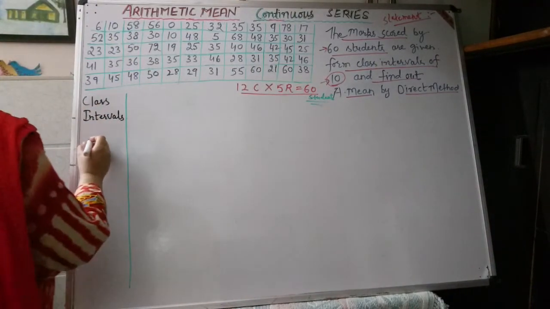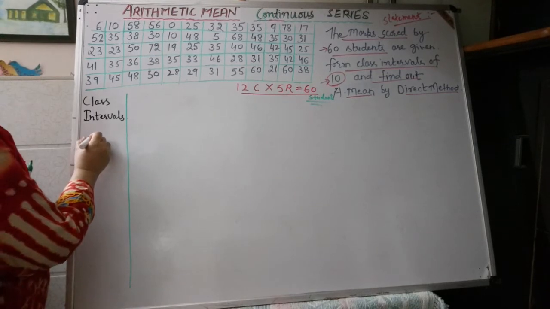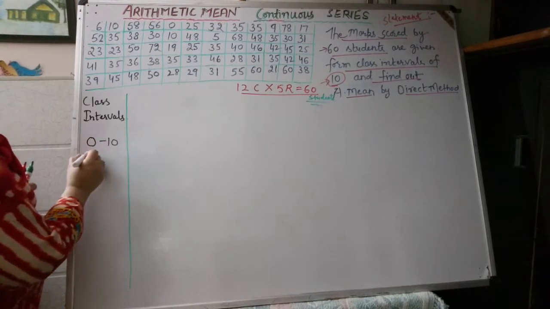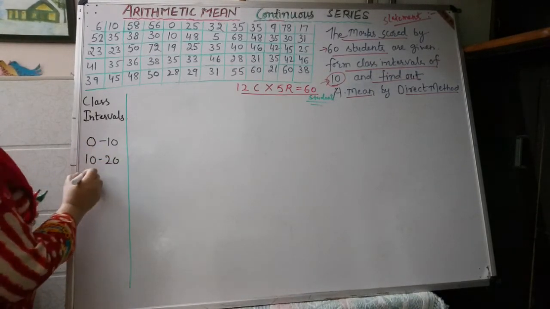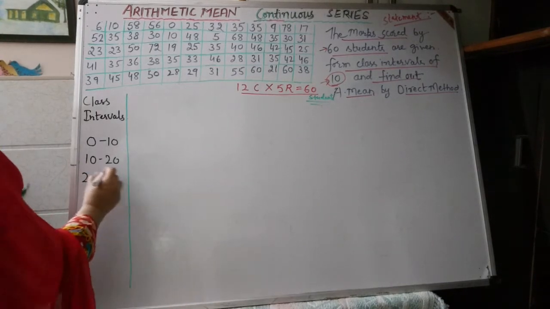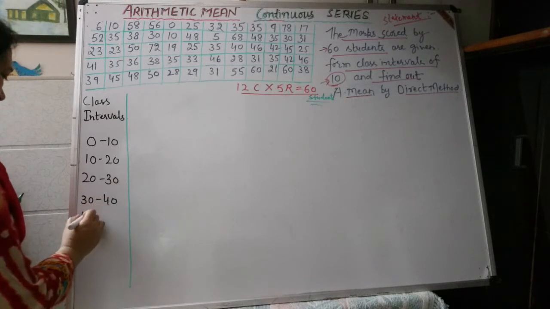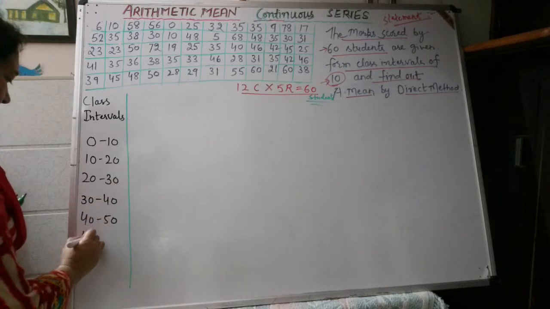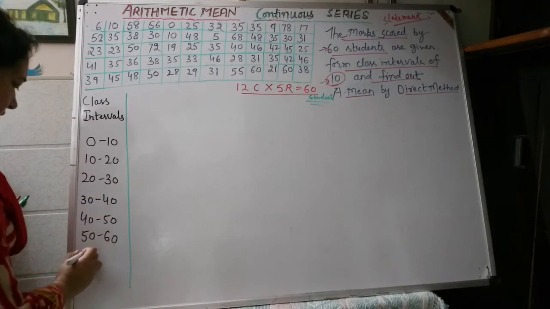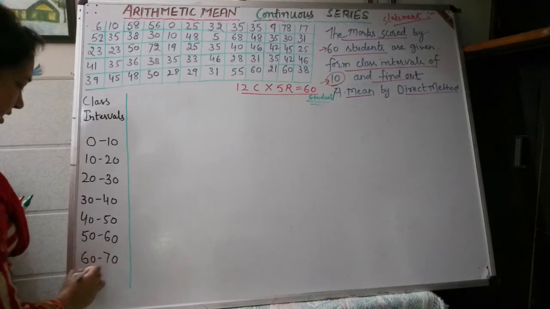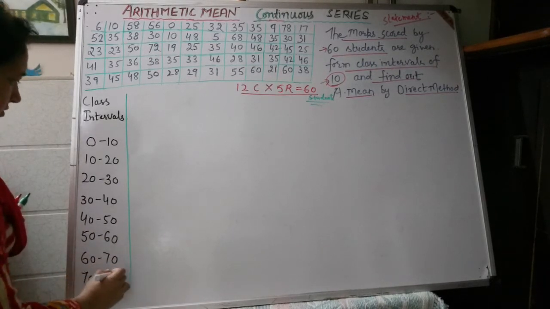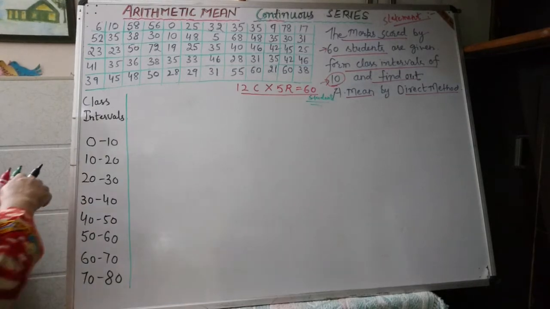So let us prepare equal class intervals of 10: 0 to 10, 10 to 20, 20 to 30, 30 to 40, 40 to 50, 50 to 60, 60 to 70, and the last one is 70 to 80. These are the class intervals.